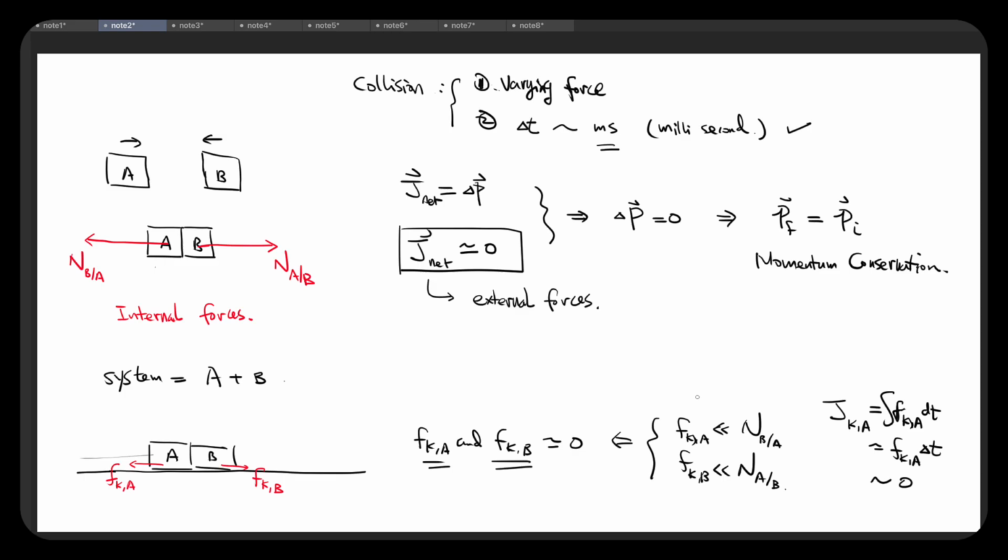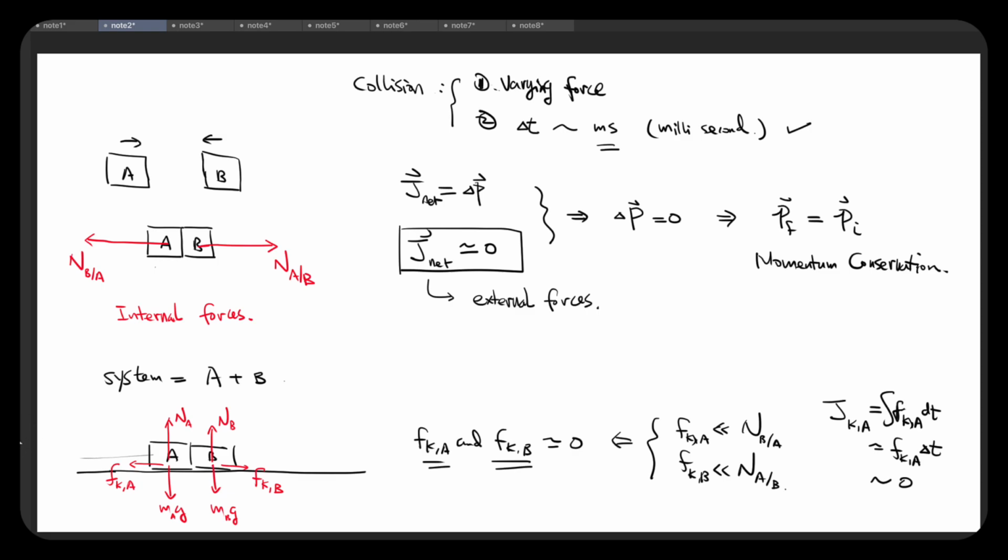Okay. Now some other situations. Before I talk about other situations, you may say there's also this normal force on A, normal force on B, and then there's gravity A, gravity B. Okay, so I'm going to say that in this case, because of the support of the horizontal surface, these two pairs of forces cancel each other.